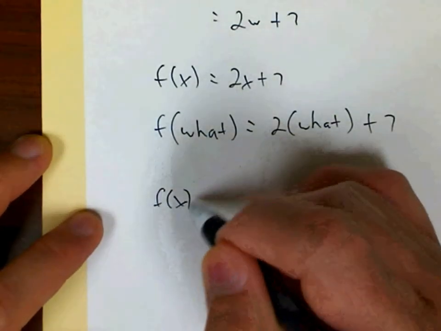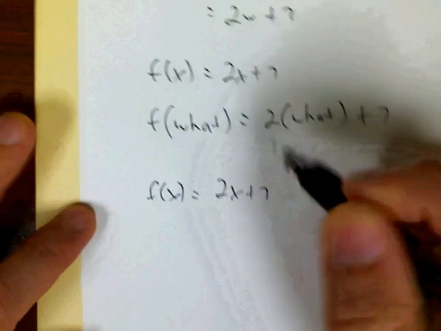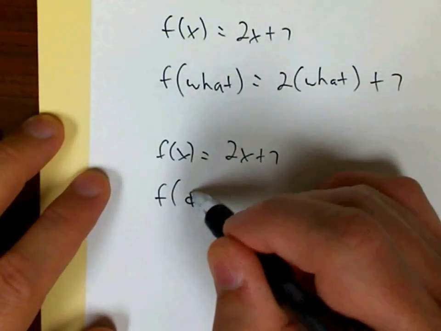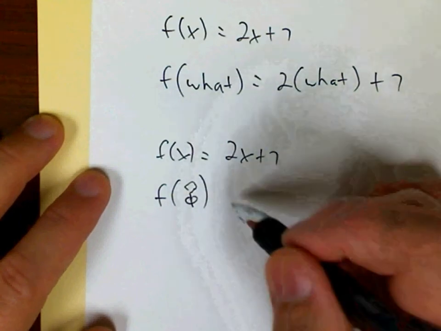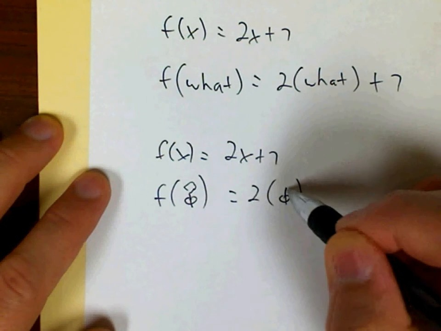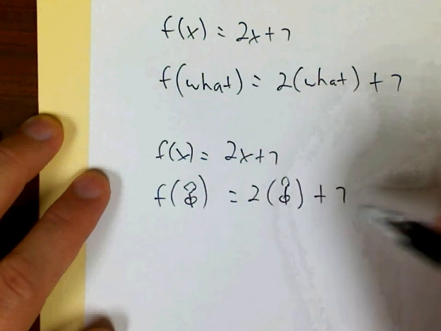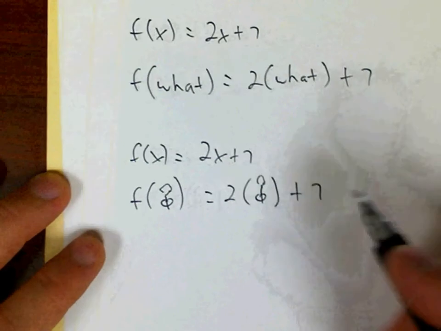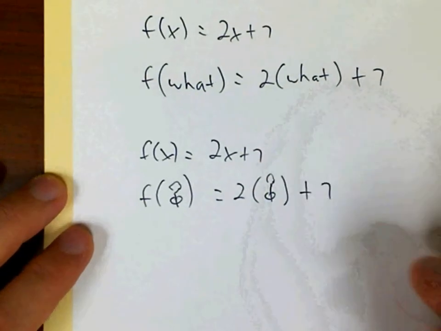Watch this one. Let's just go ahead and say we're going to put a little flower in there. Doesn't matter. Everywhere you see an x, you put a little flower in there. That could be some kind of hieroglyphic symbol, but we're going to call it flower.